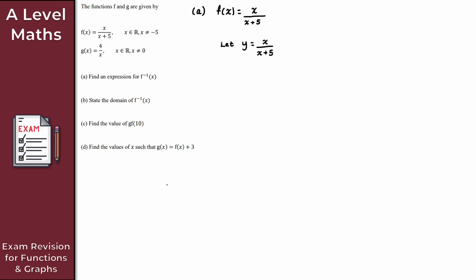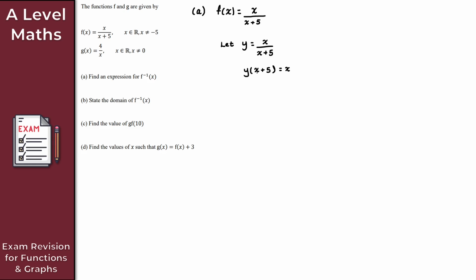Okay, like so. And what I need to do here is rearrange for x. So to begin with, let's times through by x plus 5 here. So I get y times x plus 5 is equal to x, like so.